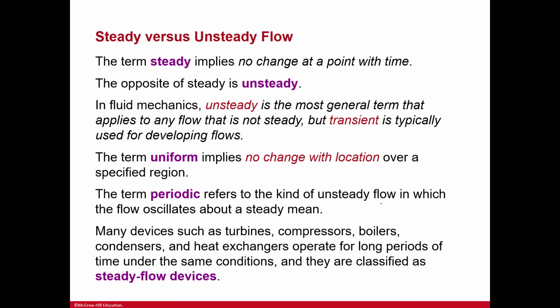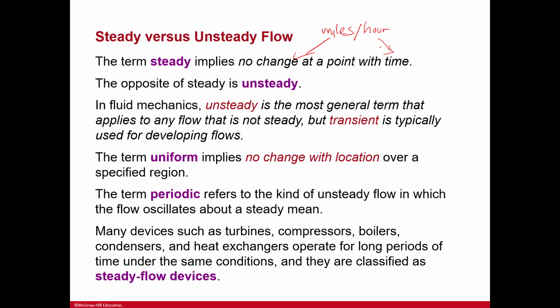Steady versus unsteady flow. The term steady applies to no change at a point with time. When you think of a car with miles per hour, that's always in reference to miles, which is the change, and then time, per hour.